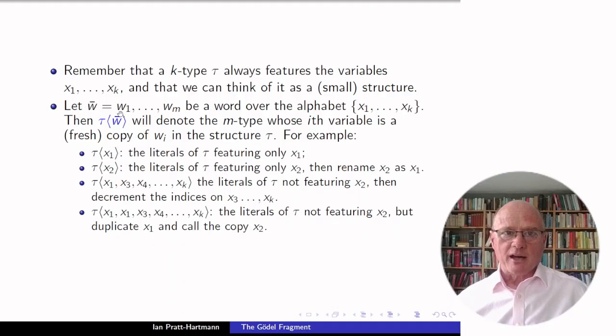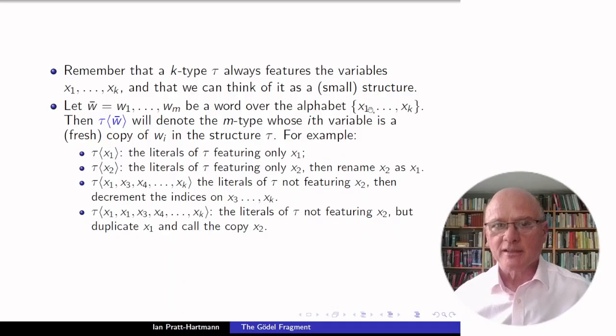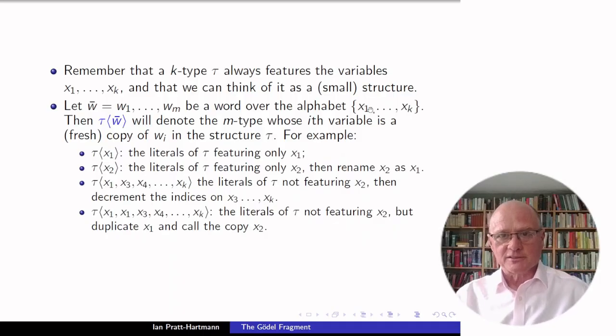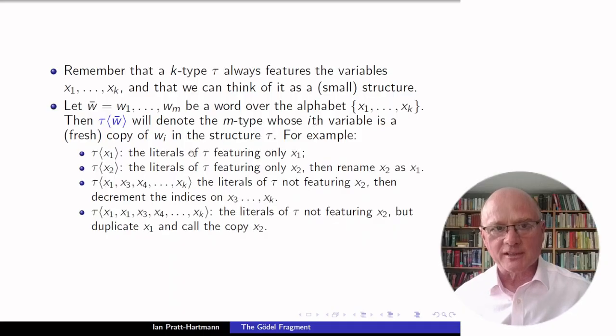So now, if w bar is an m-tuple of variables, in other words, a word of length m over the alphabet x1 up to xk, so these are the variables in the type, or the objects of the domain, and w bar is an m-tuple of these things, then Tor applied to w with angle brackets will denote the m-type whose ith variable is a fresh copy of wi in the structure Tor.